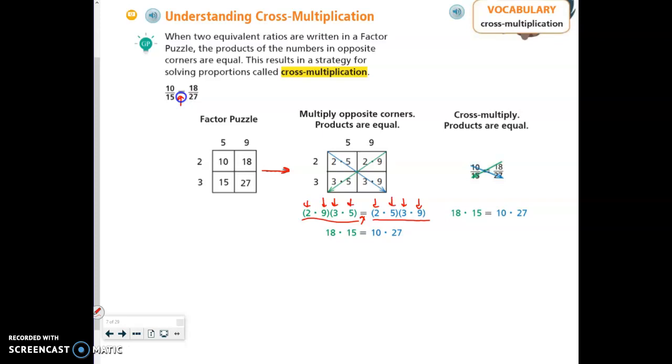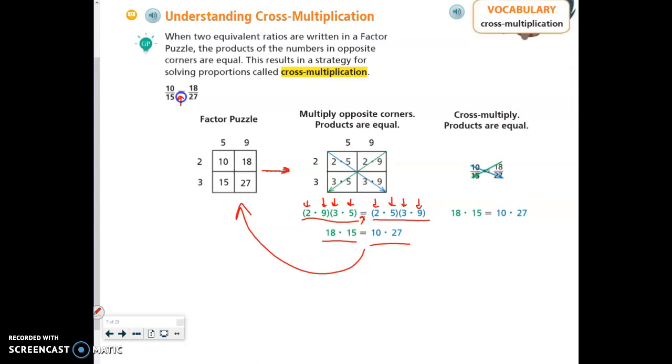So we know these two sides of the equation are in balance. Now we can put those things together and realize we're coming right back to our factor puzzle: 2 times 9 is 18, 3 times 5 is 15, 2 times 5 is 10, 3 times 9 is 27, and we can trace these right back to our factor puzzle.